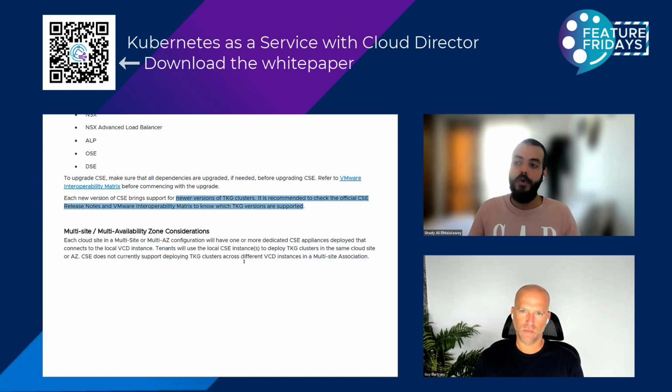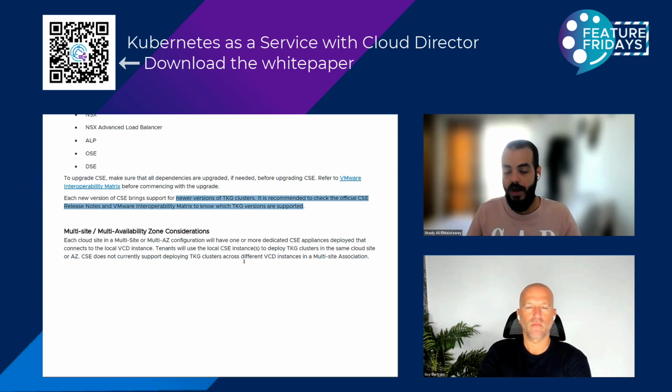We all know that VCD has that great feature, multi-site association, where you can have multiple VCD instances in a single pane of glass, view your resources across all of the VCD instances, and use that to deploy resources in any of them. However, with CSE, although the resources are shown, you need separate CSE plugins that match the different VCD instances.